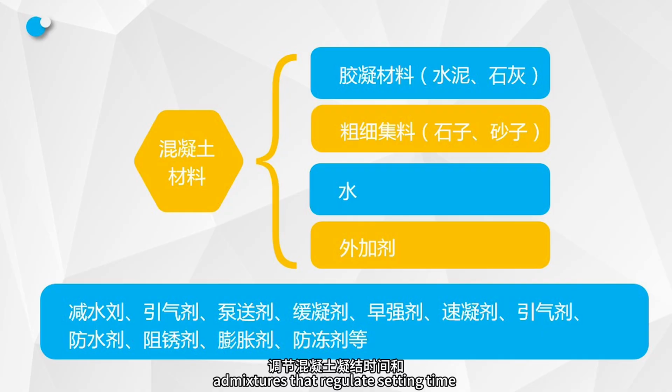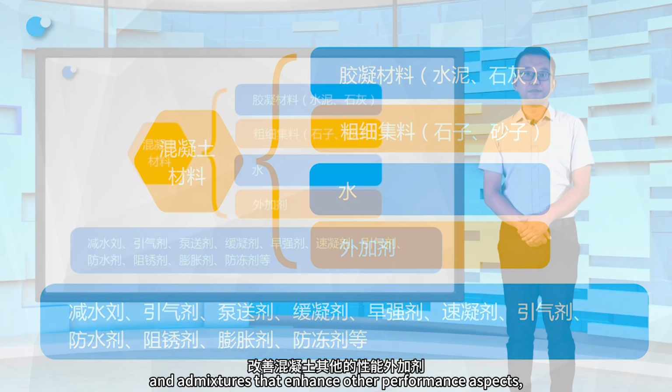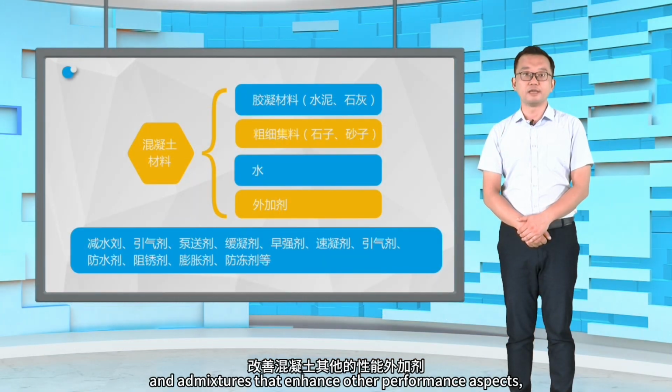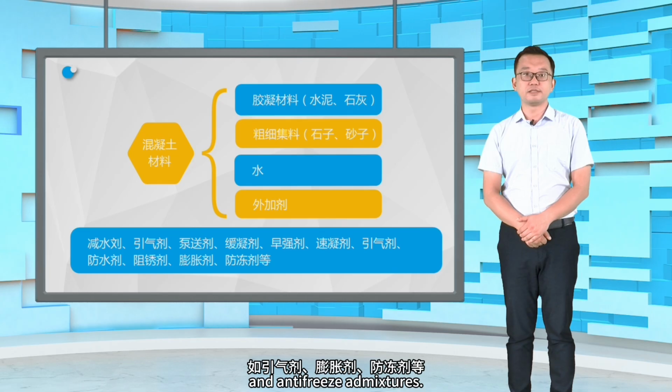Admixtures that regulate setting time and hardening properties, such as set retarders, accelerators, and quick-setting admixtures. Admixtures that improve durability, such as air-entraining admixtures, waterproofing admixtures, and corrosion-inhibiting admixtures. And admixtures that enhance other performance aspects, such as expansive admixtures and antifreeze admixtures.